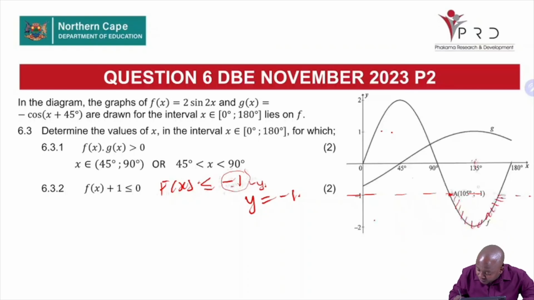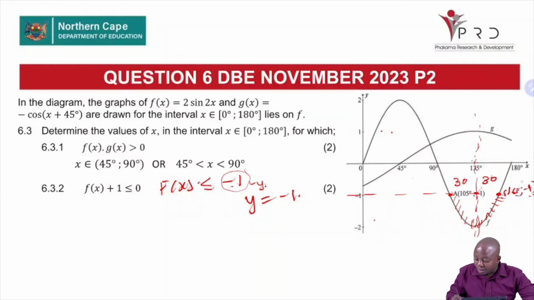Remember, at this point, it will be symmetrical. So that means this is going to be 135 minus 105, you get 30. That means from 135 plus 30, you'll get 165. So the same negative 1. Okay. So that is the same.